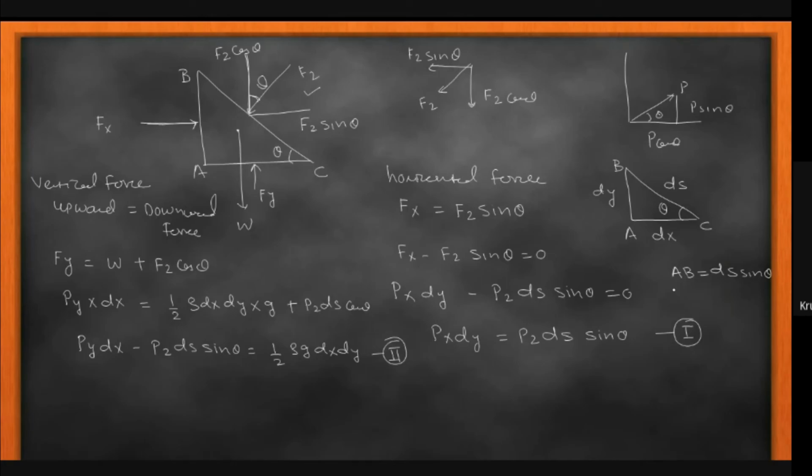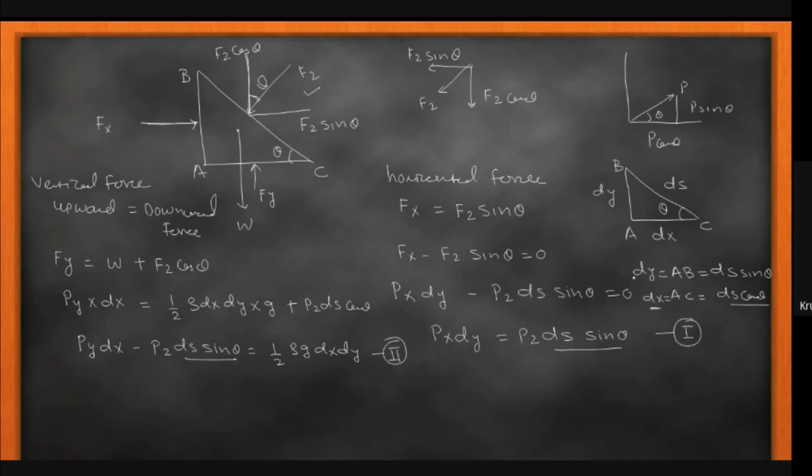And AC equals ds into cos theta because it is the adjacent side, with AB having a value of dy and AC having a value of dx. So ds sin theta can be written as dy, and ds cos theta as dx.